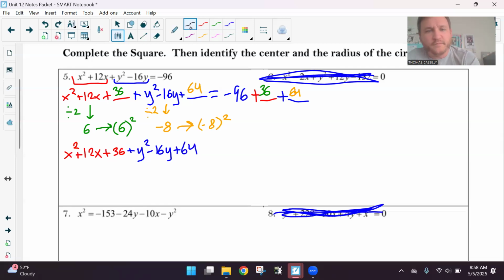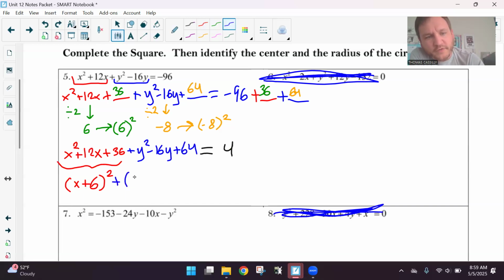All right, all of that equals negative 96 plus 36 plus 64. That is 4. All right, so we're almost done. Take this guy and factor it. I'm going to skip a step here. I'm going to call this x plus 6 squared.